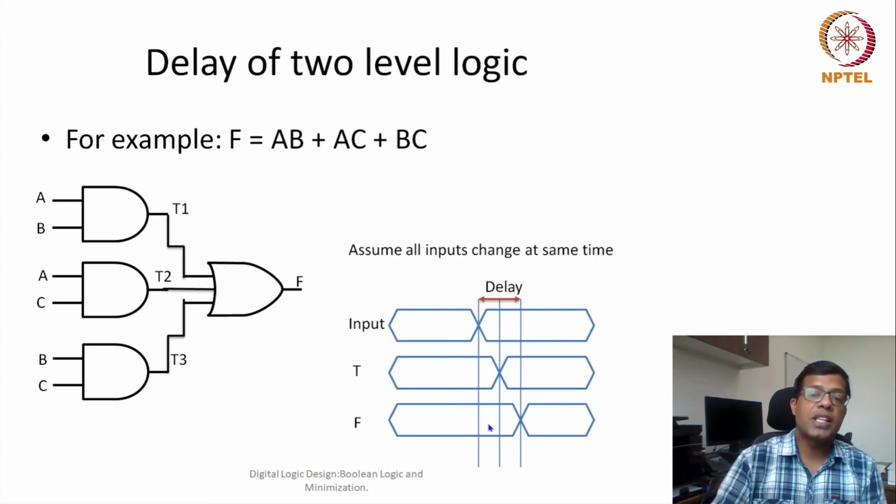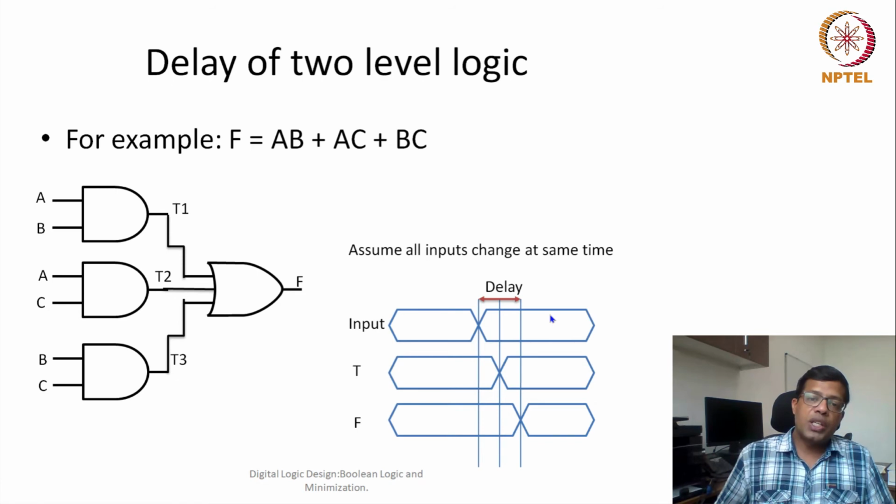That is the delay at the first level, and similarly the delay at the second level means when all of these outputs are available, then my OR gate will start computing and f would be available after another set of delay. This whole delay would be the propagation delay.